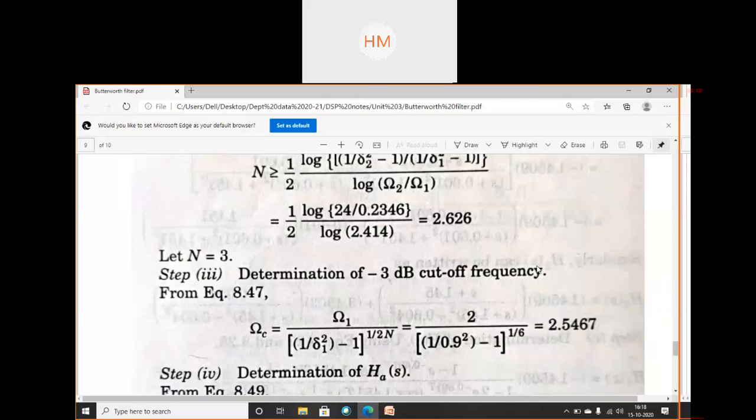Clear? What has HA of S come out to be? Please tell me the equation of HA of S.